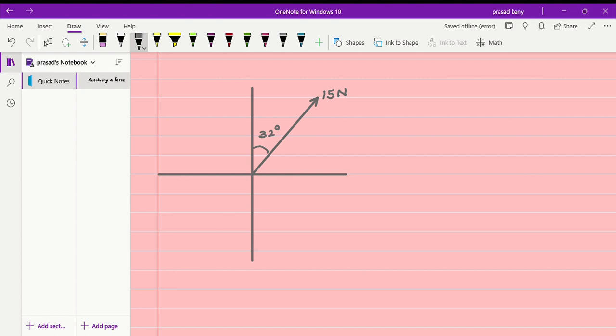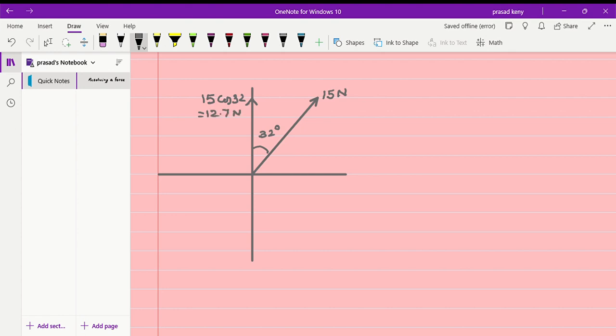Keep in mind that in this case the positive y direction is the adjacent side, and hence along the positive y direction there will be a cos component. So 15 cos 32 along the positive y direction will be 12.7 Newton.